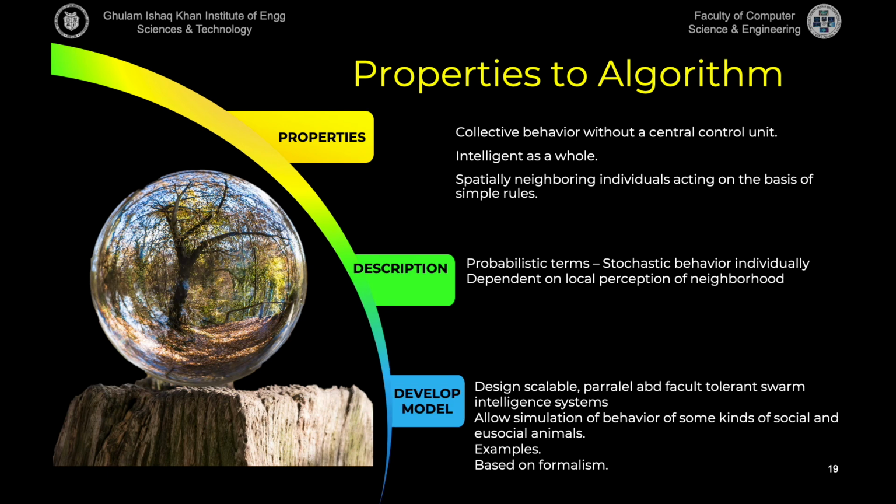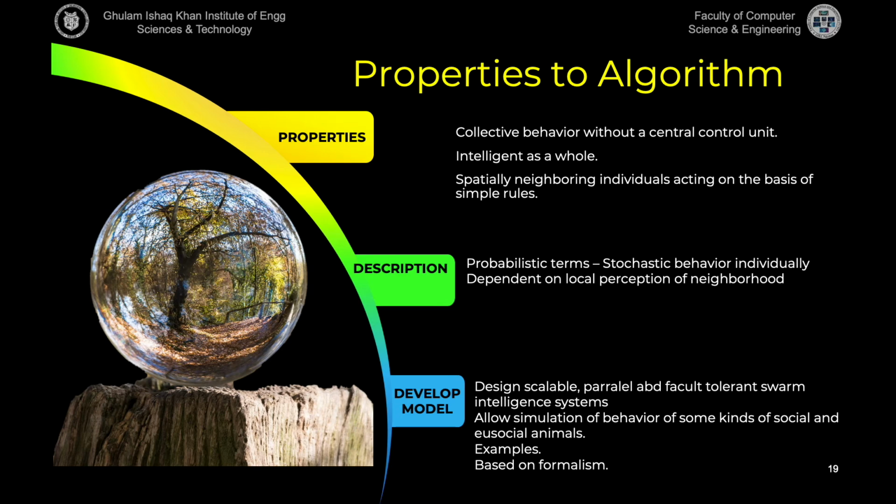So with the definition of swarm intelligence out of the way, and the properties as well that we have discussed, we need to convert these properties to algorithms. Many examples can be observed in nature of swarms that perform some collective behavior without any individual controlling the group or being aware of the overall group behavior. Notwithstanding the lack of individuals in charge of the group, the swarm as a whole can show an intelligent behavior.